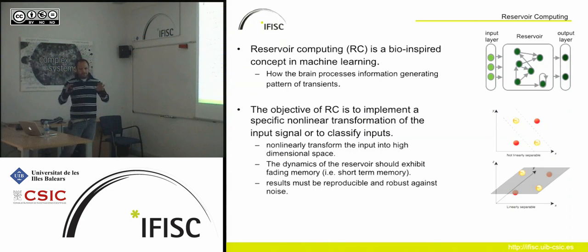Also, if we have 2 particular heartbeats that are similar but not equal, then they should be classified in one particular class. And if I have 2 very different ones, the dynamics of the system should be different enough in order to be sent to different outputs or different classes.